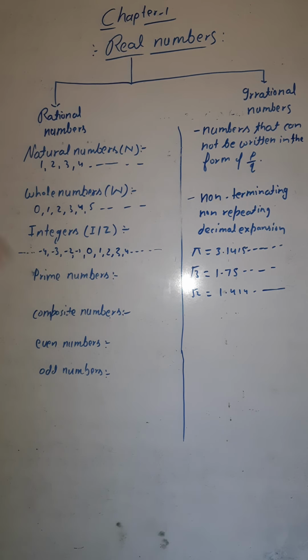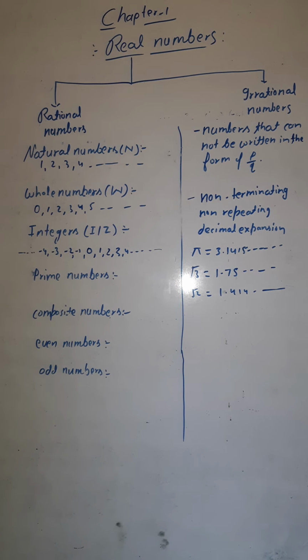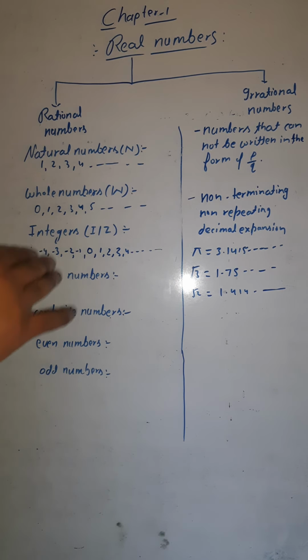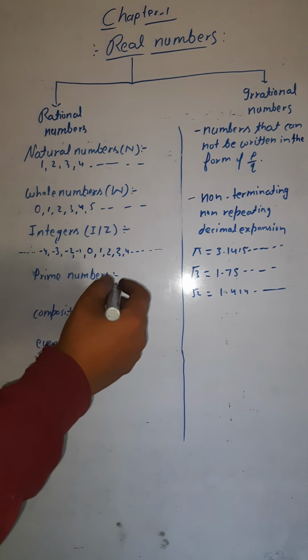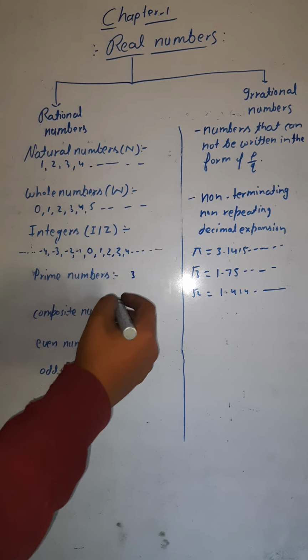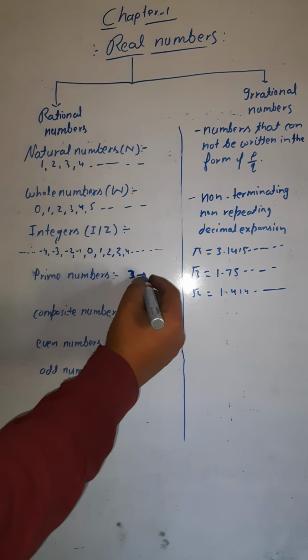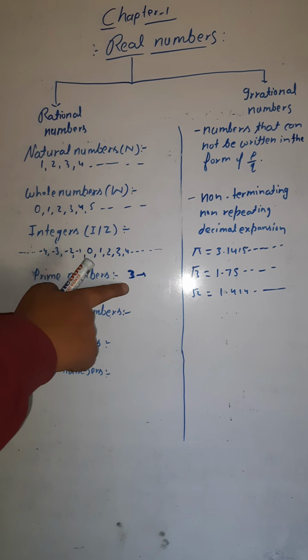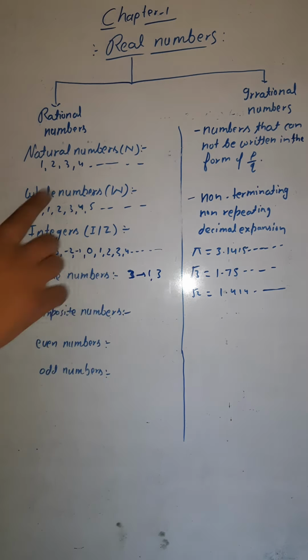Are you getting this? Now what are the prime numbers? Prime numbers are those numbers which have only two factors, the number itself and 1. Suppose I ask you what the factors of 3 are, meaning which numbers divide 3. So 3 is divisible by 1 and 3 only. So only these two are the factors of 3.